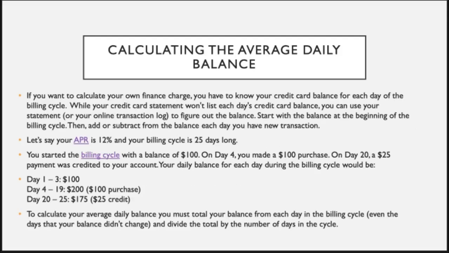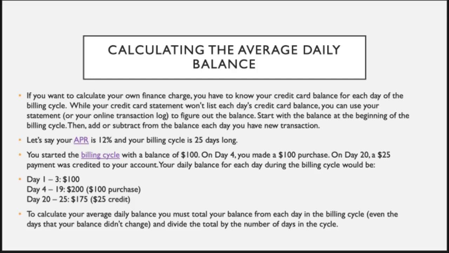So here's an example of calculating the average daily balance. This is actually the hardest part of finding the finance charge that will be charged to that billing cycle. So again, once you find the average daily balance, it's pretty easy to find the finance charge, but there's lots of steps involved in calculating the average daily balance.